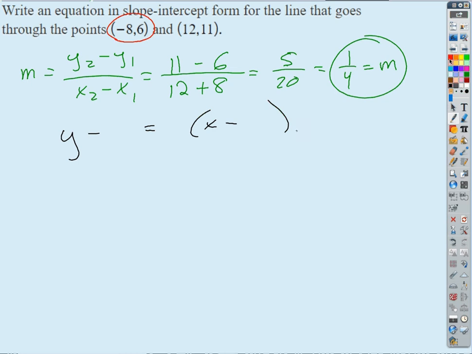So real quick, what is point slope again? Y minus equals times. Good. Okay, so if we plug stuff in then, I'm getting y minus 6, right? There's my y value of the point that we're using.